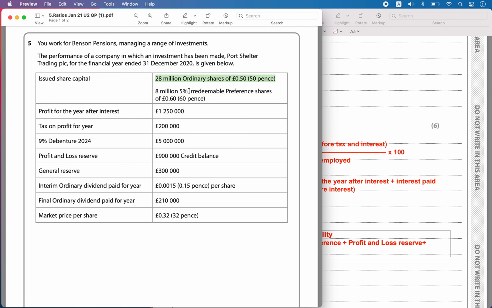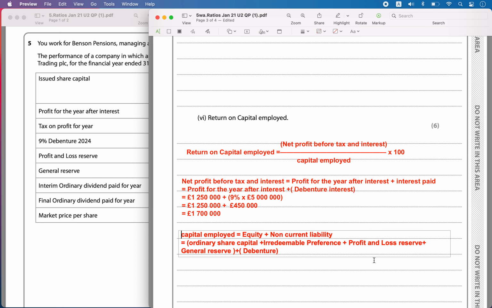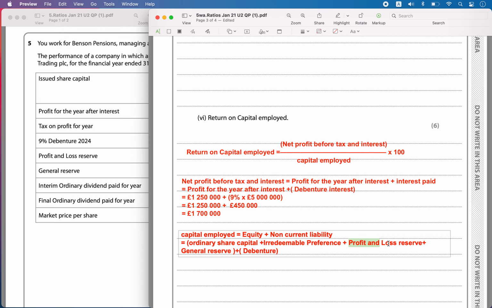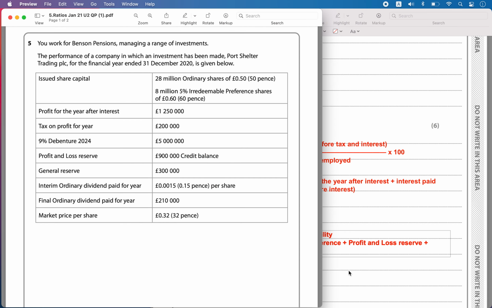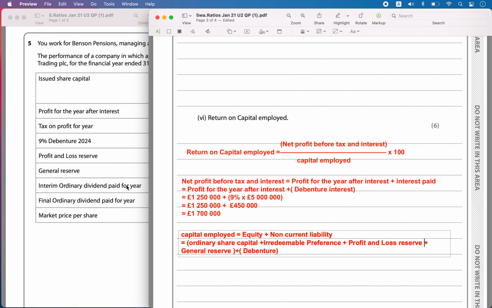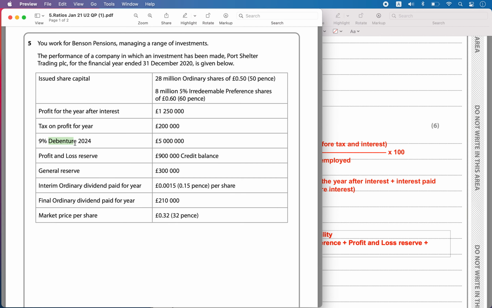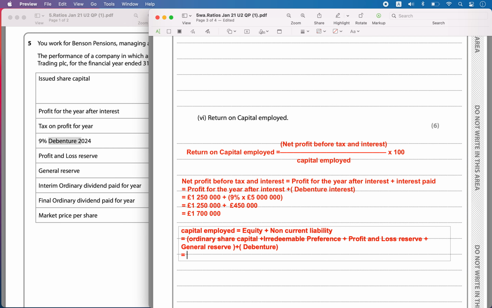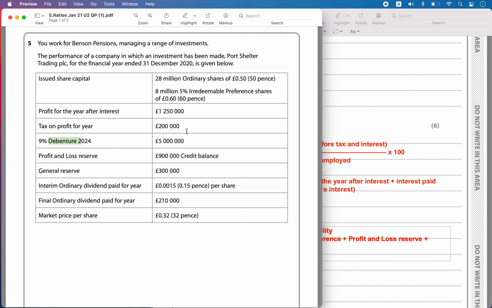In the equity section, we have the share capital, ordinary share capital and irredeemable preference share capital. Then we have the reserves. So we have the profit and loss reserve and general reserve. Profit and loss reserve credit balance means I have to take it as positive. If it was a debit balance, you will take it as negative. General reserve is given. And then the non-current liability they have is debenture. So these are the things they have.